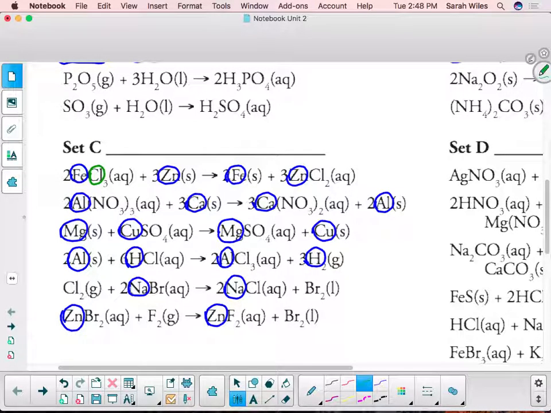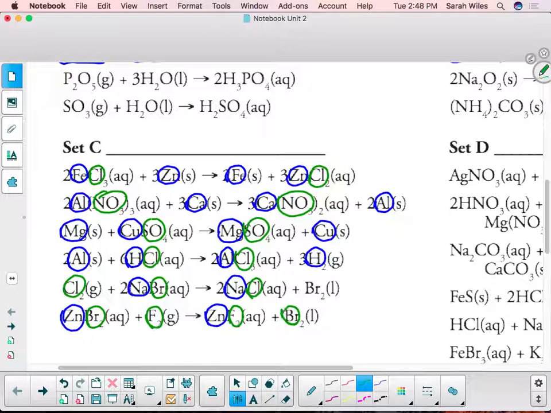Is that the double replacement? This is the single replacement. Now, I told you before that single replacement reactions are like a third wheel on a date that ends up stealing the date.